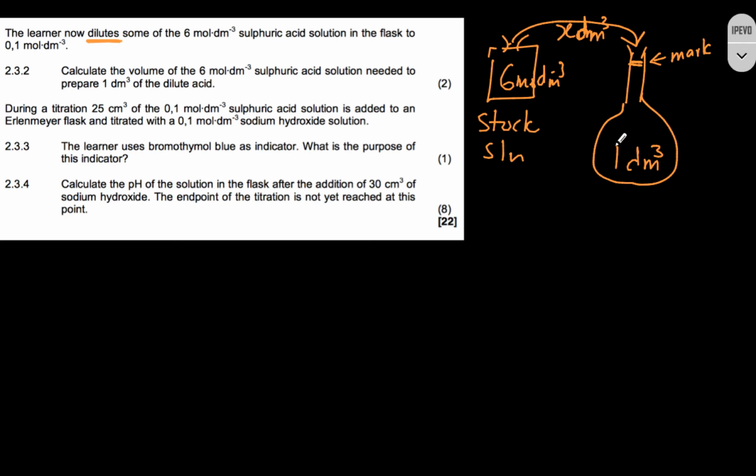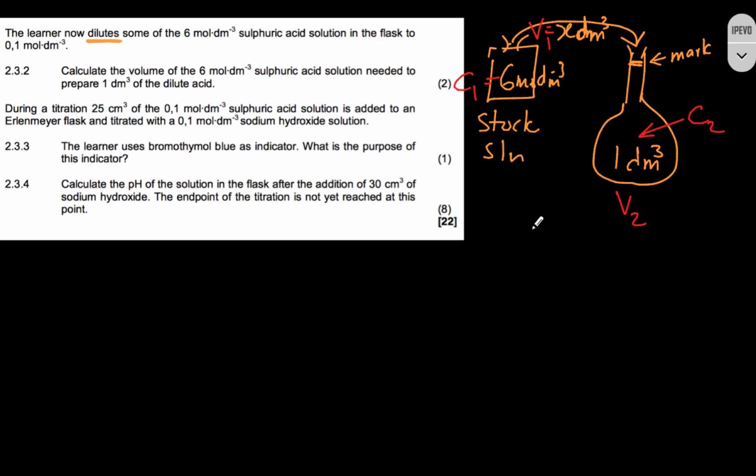The volume that we add in here is our volume 1, and the volume that we end up with is our volume 2 in dilutions. The concentration that we start with is our concentration 1, and the concentration that we end up with of our standard solution is our concentration 2.